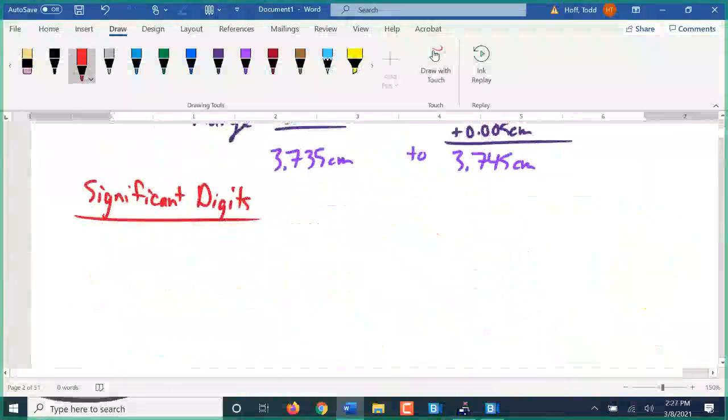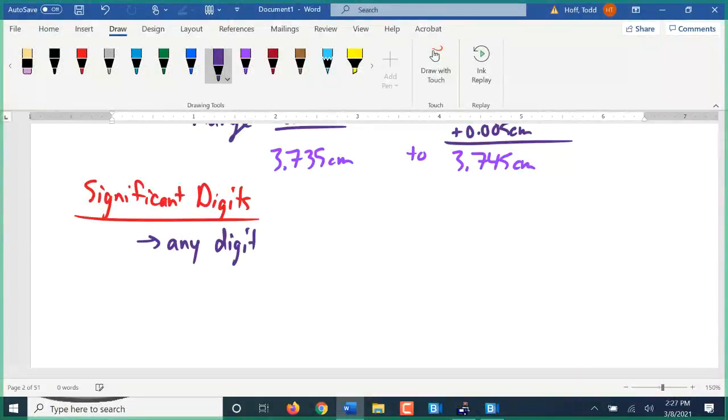That's what a significant digit is: any digit in the number that tells us something about the measurement. Gives information about the measurement.